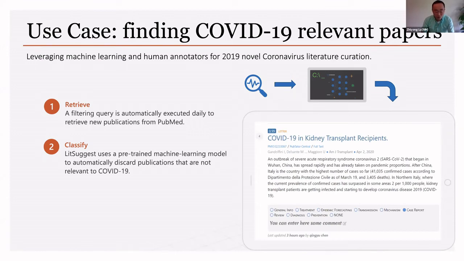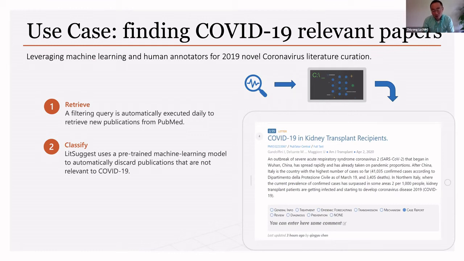So there were many different ways COVID-19 was expressed in the literature. As you can see, a PubMed query is not going to retrieve results with both high precision and high recall. That's why machine learning classification really helps.